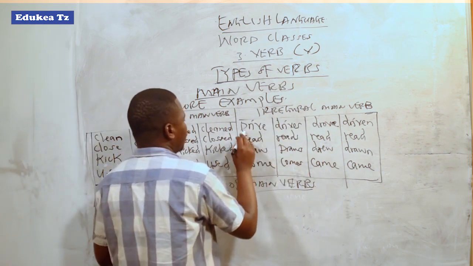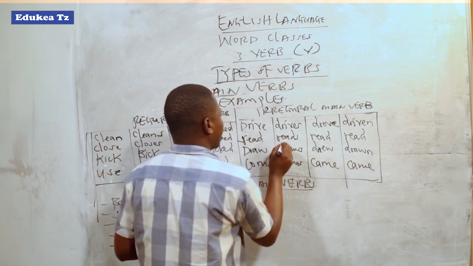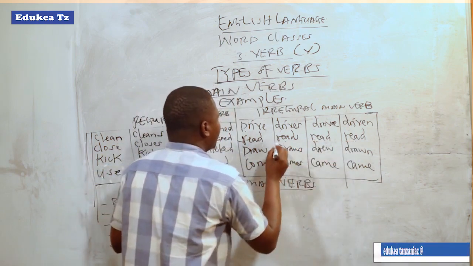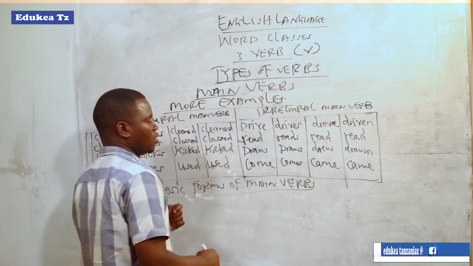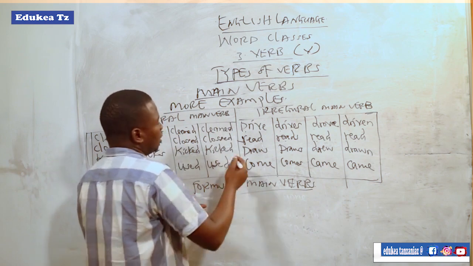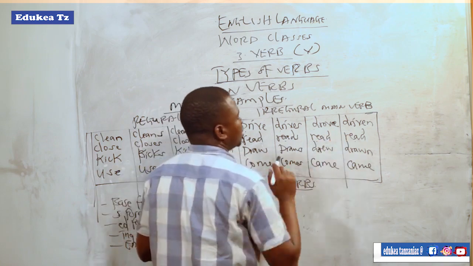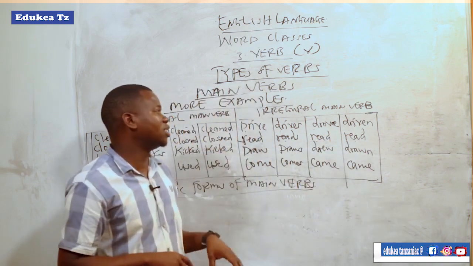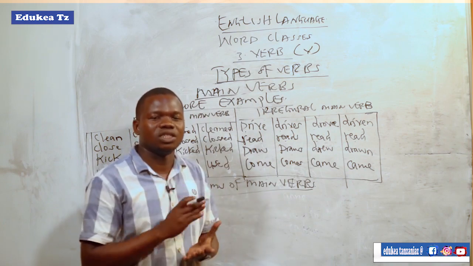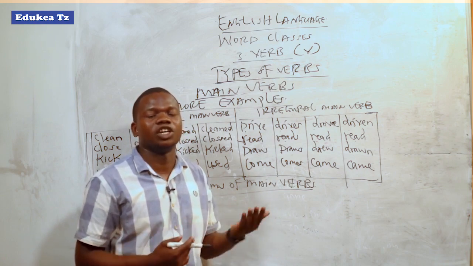We can see here we have a word like drive, drives, drove, driven. Read, reads, read, read. So why here do we have the same read? Orthographically, we can see these words appear the same. Read, read, read. Simply because among these irregular main verbs, we have those which do not change orthographically, but they just change in sound.